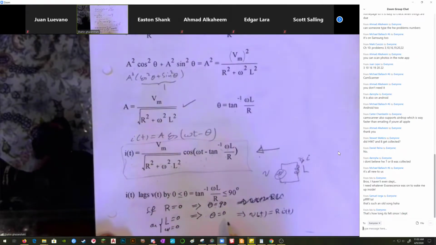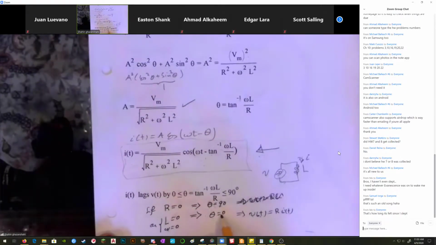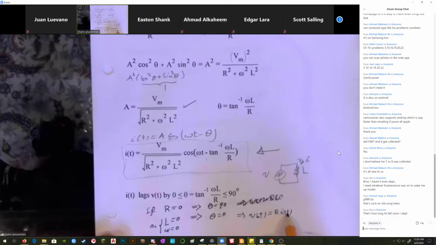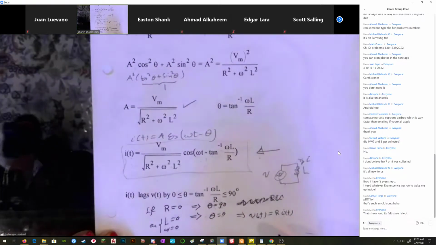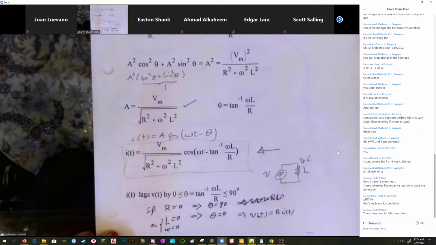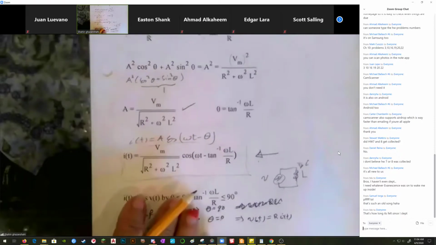For resistors, if I just have a resistor, there is no phase angle difference, because voltage is just R times I. So whatever the angle of voltage is, the angle of current is the same. For inductors, because of that j, later on you're going to see we will have a phase angle difference. But keep that in your mind.